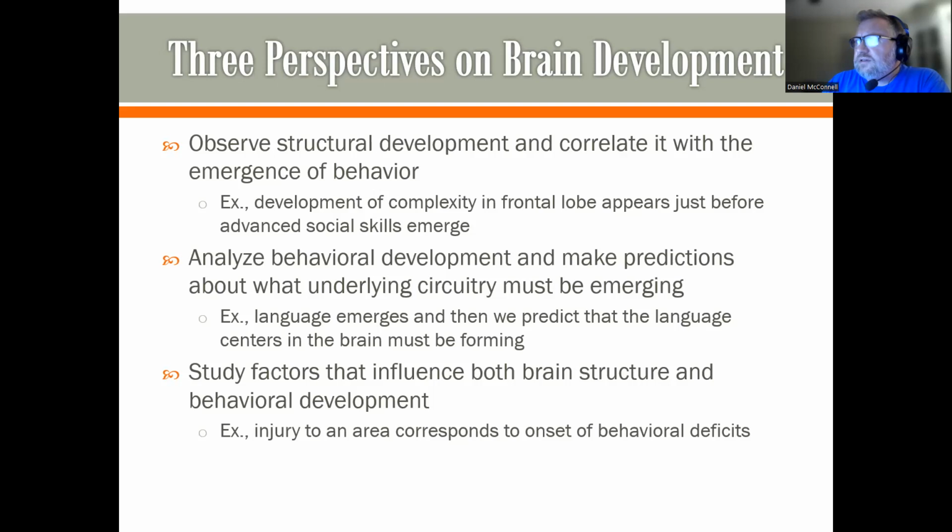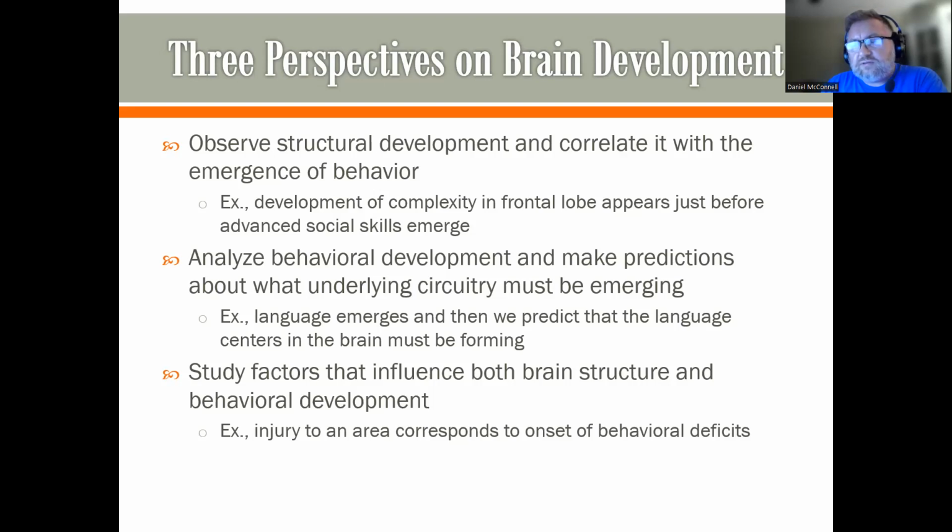So the first one listed here is to watch for structural development, right? That is to look for changes in the brain. Watch and see what kind of brain changes are happening. And then once we observe those changes in the brain, we can then find certain developmental milestones that are occurring behaviorally that we could tie closely to those brain changes, right?